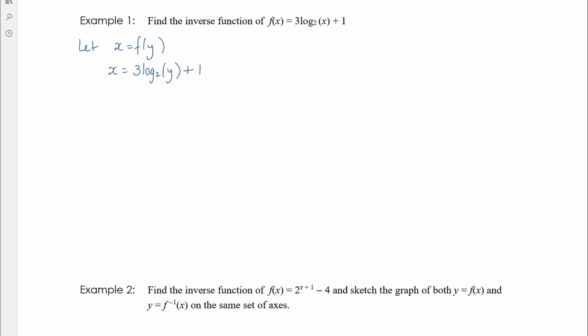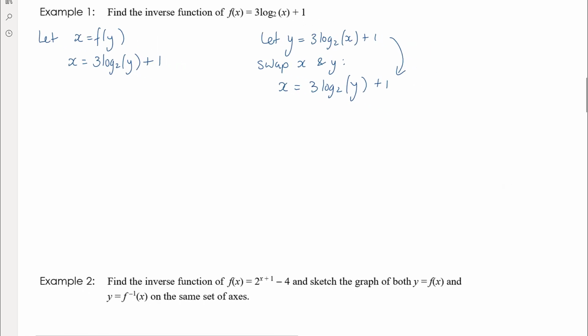Alternatively, what you would need to write is let y equal f of x, okay? So let y equal the function, which is 3 times log base 2 of x plus 1. And then you need to swap x and y, and you must write swap x and y in between those 2 lines because there's no algebraic logic to go straight from there to there.